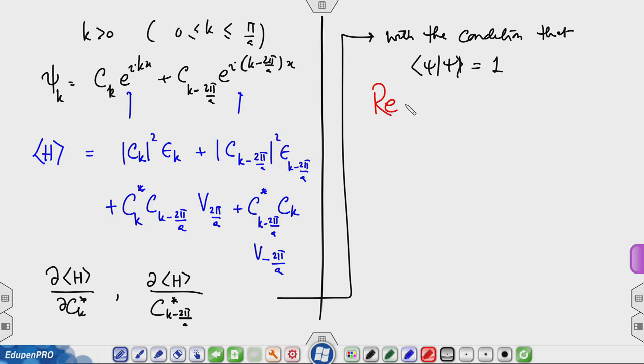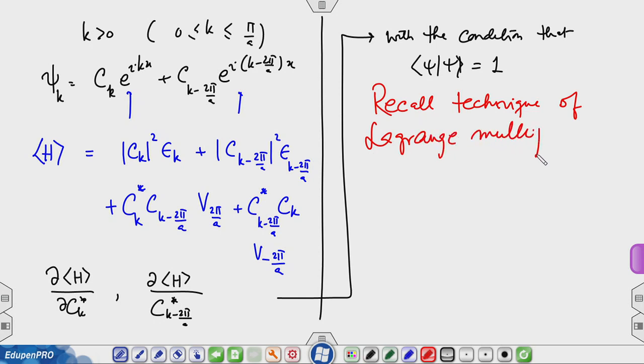Recall the technique of Lagrange multipliers from classical mechanics.